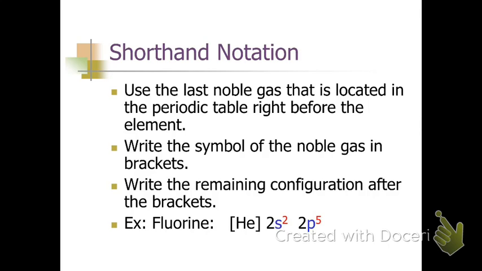Let's pick an element like strontium, Sr. You could start writing 1s2, 2s2, and just keep on going, and you would get tired pretty quickly. So we've developed a shorthand notation that uses the last noble gas located in the periodic table right before the element, and you simply write the symbol of the noble gas in brackets.